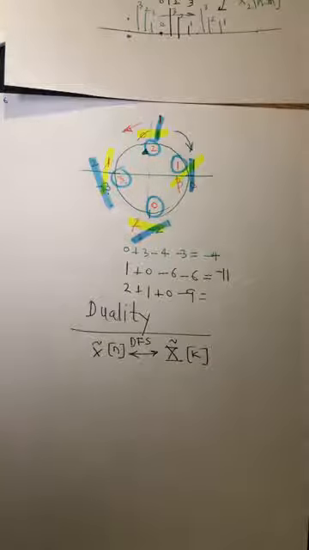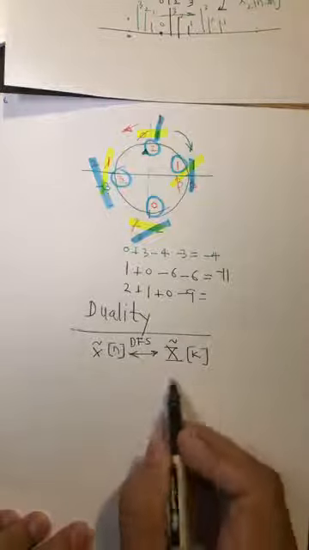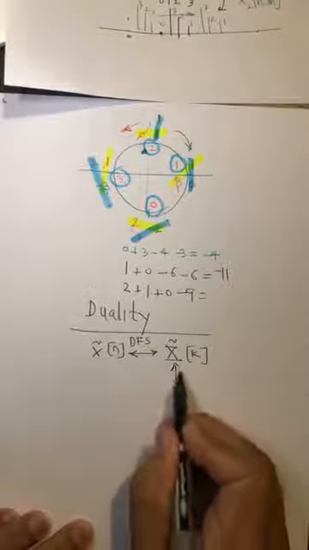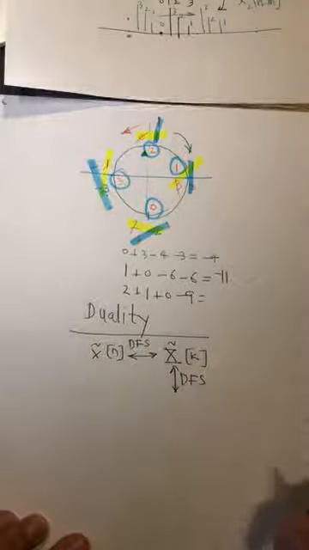This is the discrete periodic series, but this is also periodic, so it means that if you want, you can take its discrete Fourier series as well, because it's a periodic signal. So any periodic signal, you can take its discrete Fourier series.